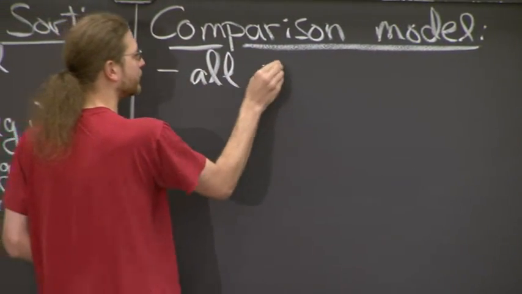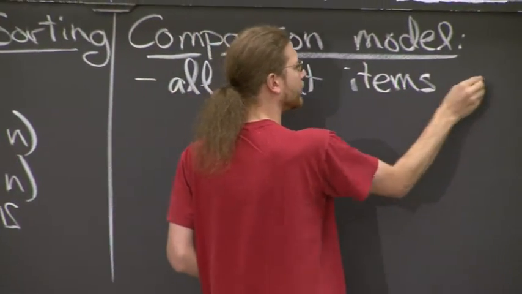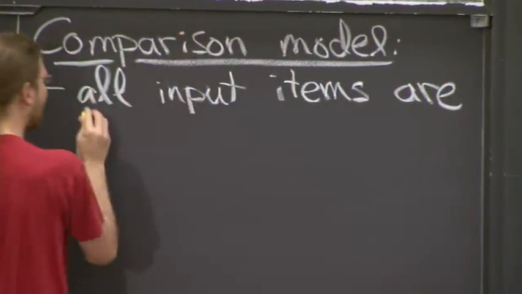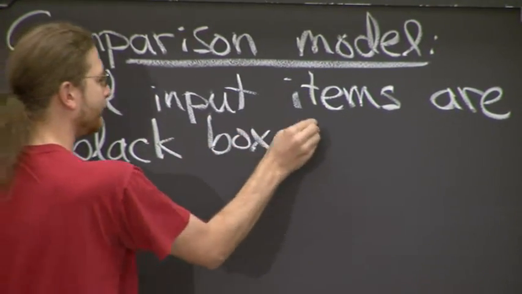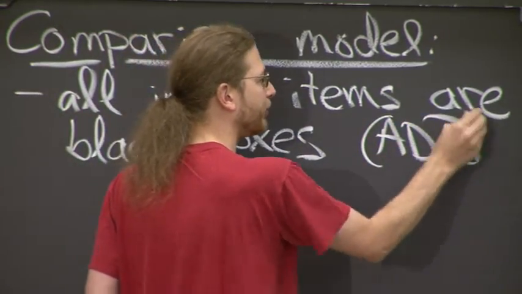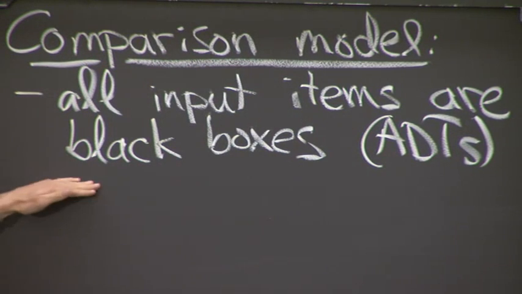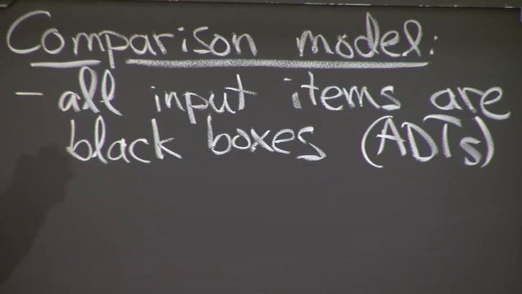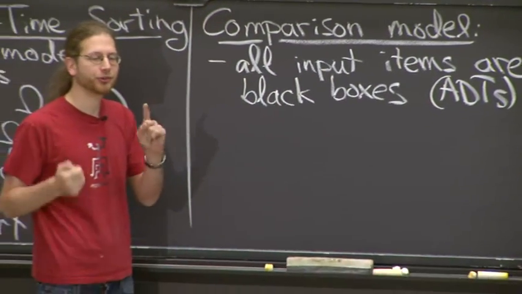All input items are black boxes, you could say, in that you don't really know what they are. And a formal notion of black boxes is something we talked about last class at the end, abstract data type. So it's a data structure, if you will. Every item that you're given is a data structure. You want to sort them. And the data structure supports a single operation, which is compare to another one.